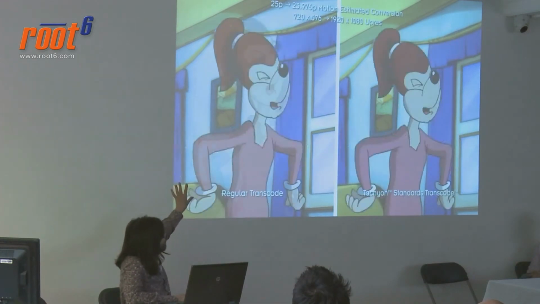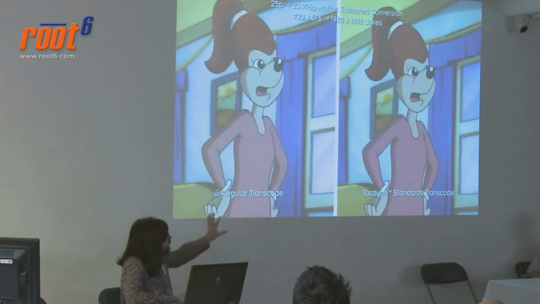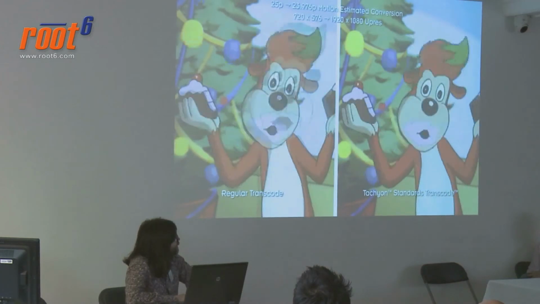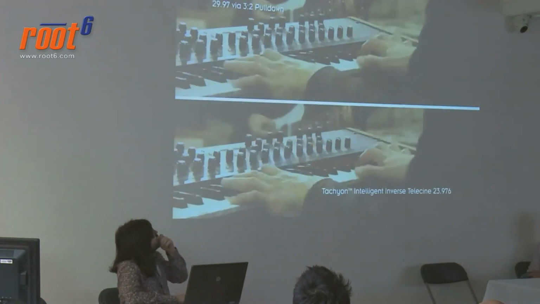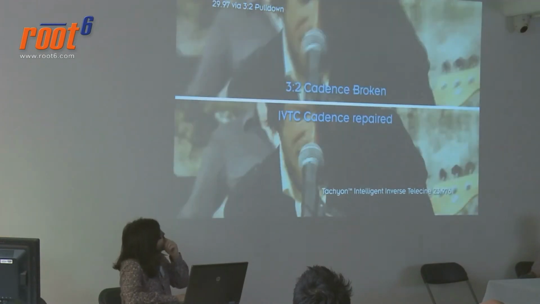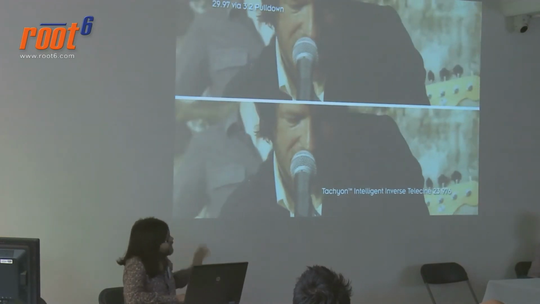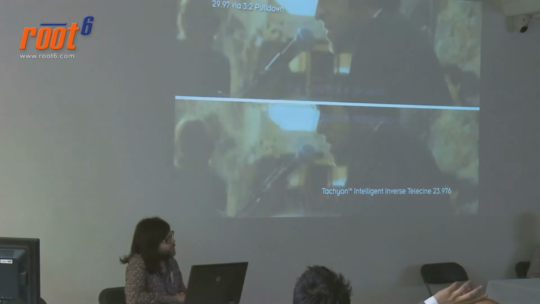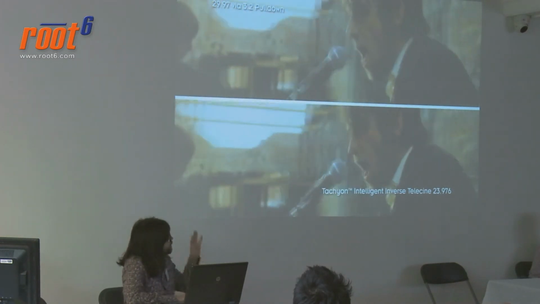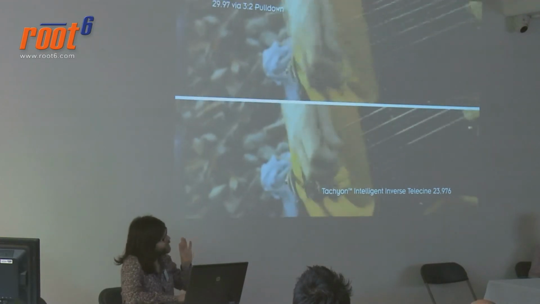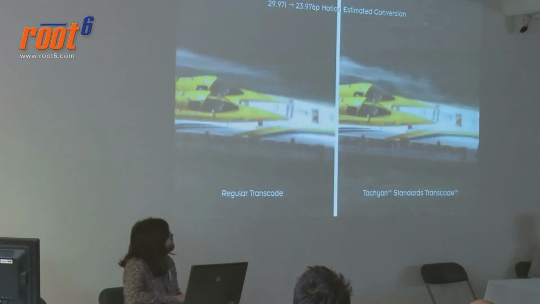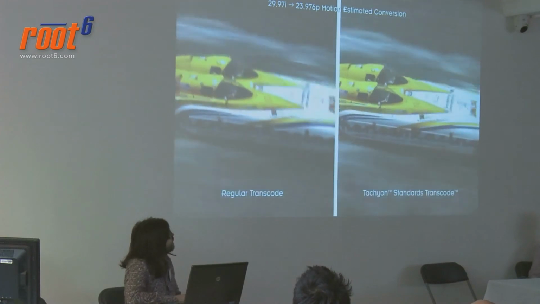On the left we've got a typical transcoding product, and on the right the algorithm is called Tachyon, hence why it's called Tachyon standards transcode. These are just showing different frame rates. A lot of algorithms which don't use proper motion estimation tend to have to try and retain the duration of a piece of material. They tend to start blending the frames and motion.